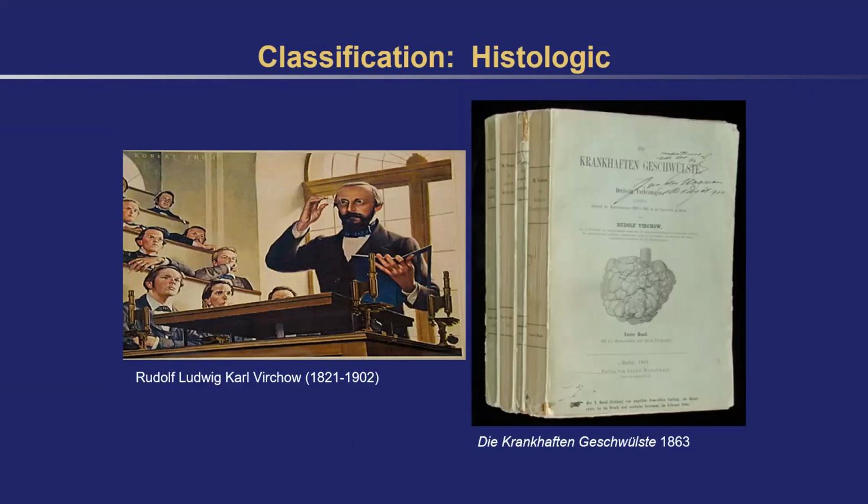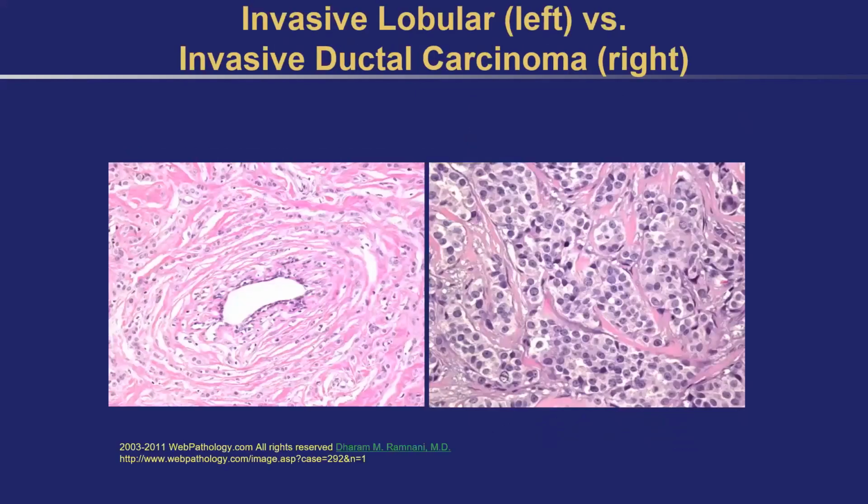So if it started in the lung, it's a lung cancer. If it started in the breast, it's a breast cancer. And he looked under the microscope at the architecture of the cells to histologically classify how the cancer cells appeared, how they organized themselves. And actually, we're still teaching medical students the histologic classification.